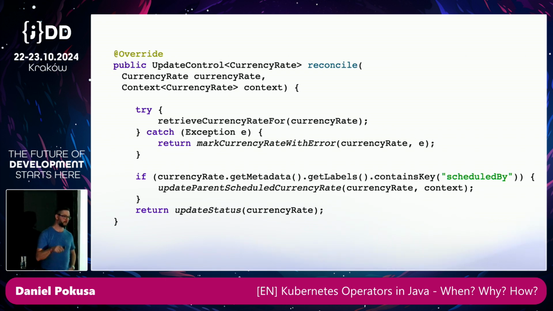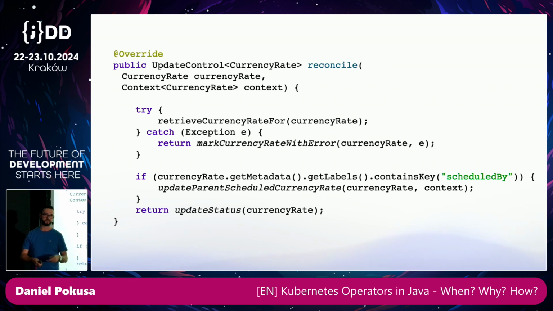So imagine that I wrote this currency rate, but I wrote it with two custom resource definitions, a single currency rate and currency rate cron, to automatically get the currency rate for certain currencies every day on the cron schedule. So I will already have that in Kubernetes and can use it in different applications. That was the goal.